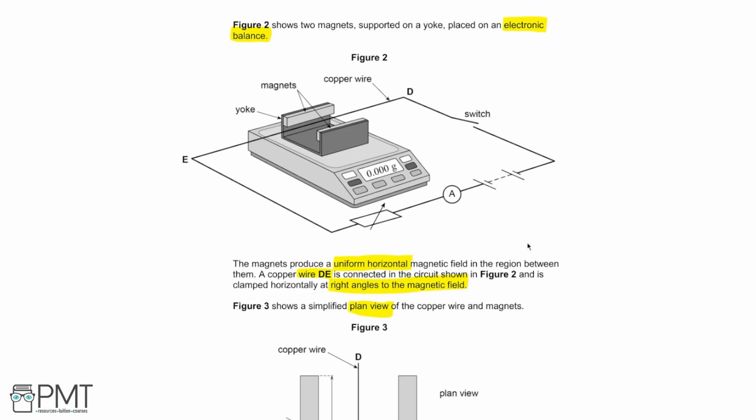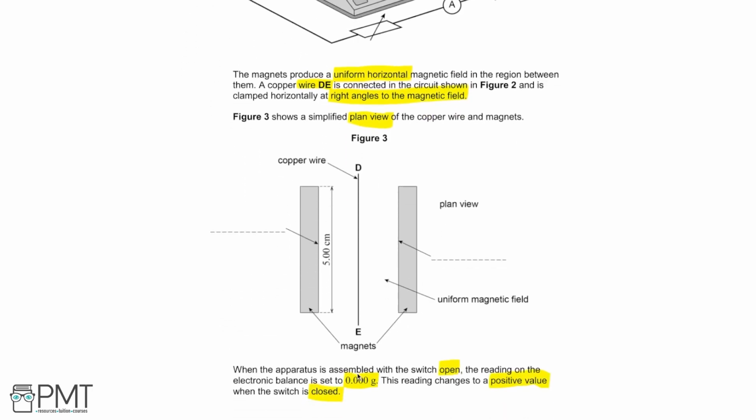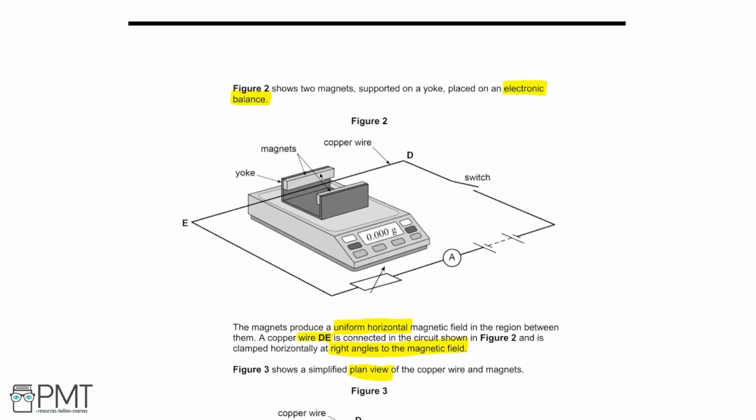Now, as mentioned earlier in the question, whenever the switch is open, the reading on the balance is 0 grams. It means that whenever the switch is closed, the extra force acting on the balance has had to increase, because the balance registers the force pressing down upon it.